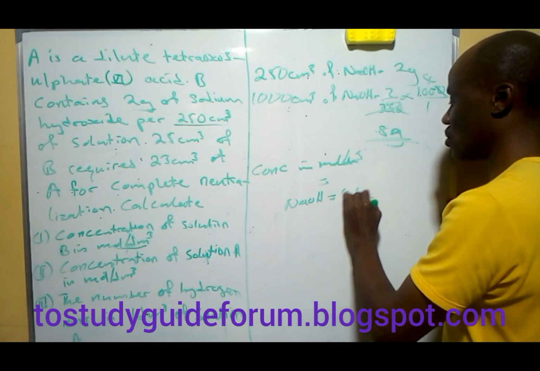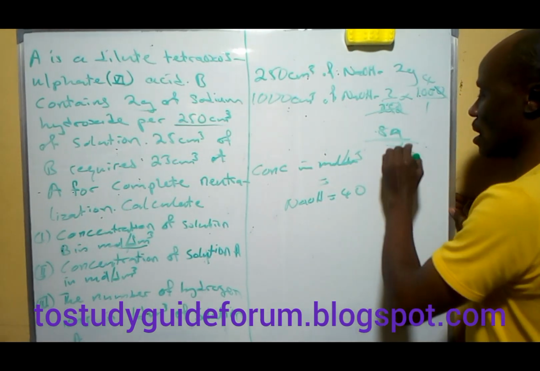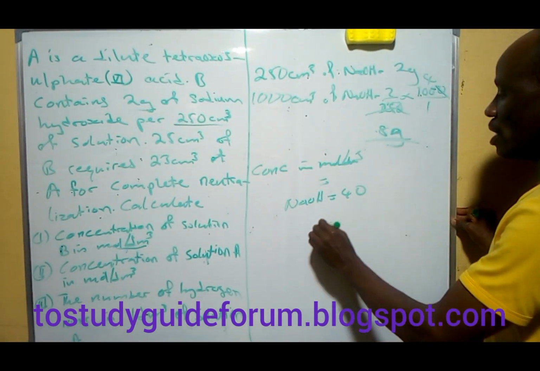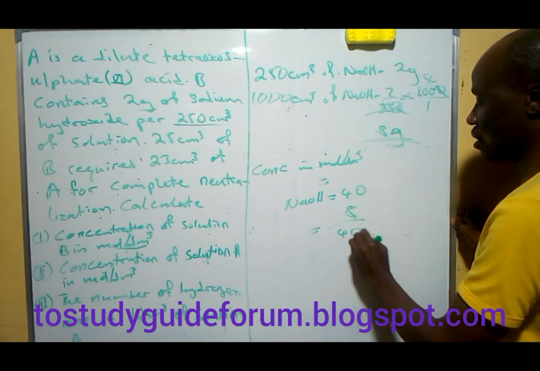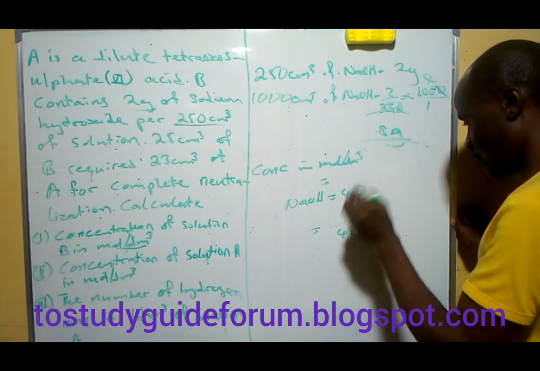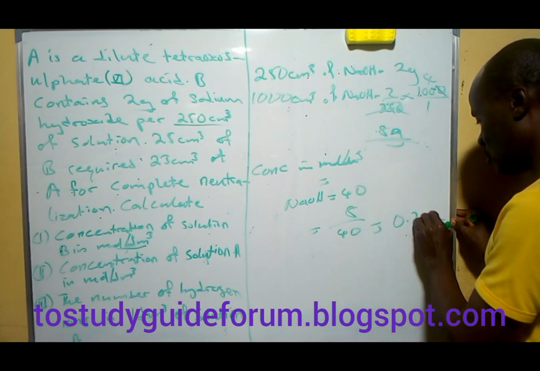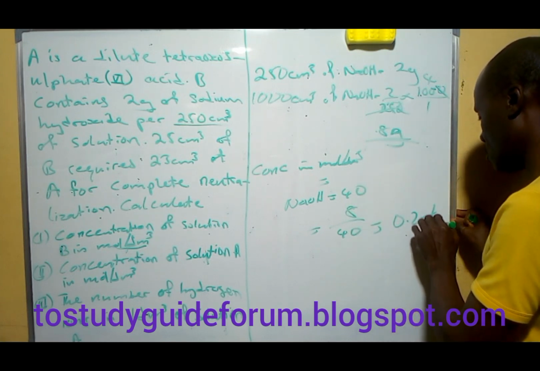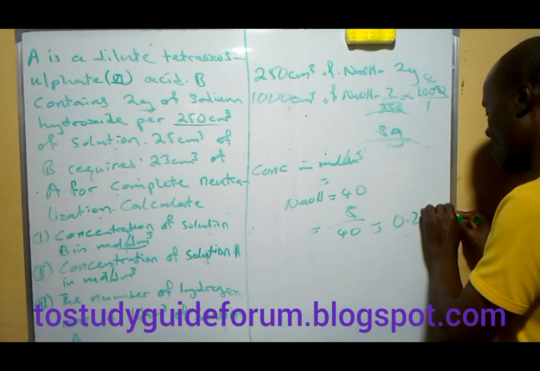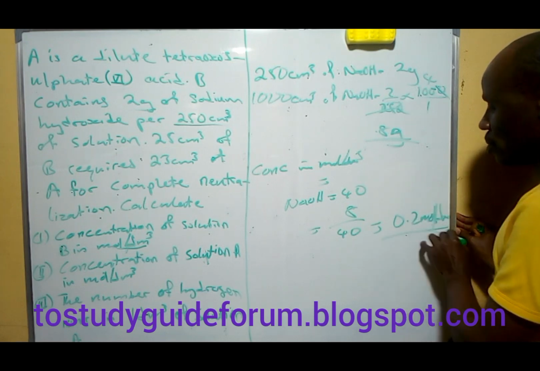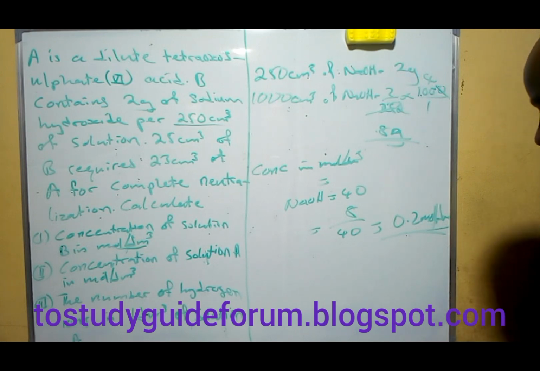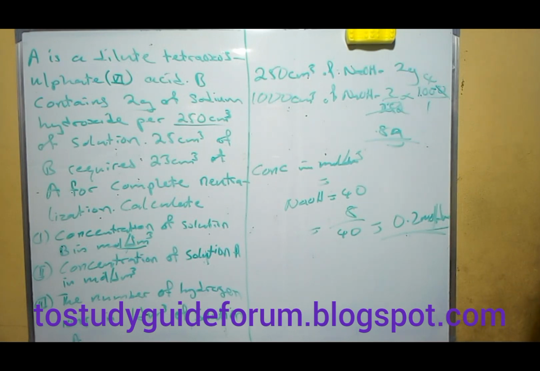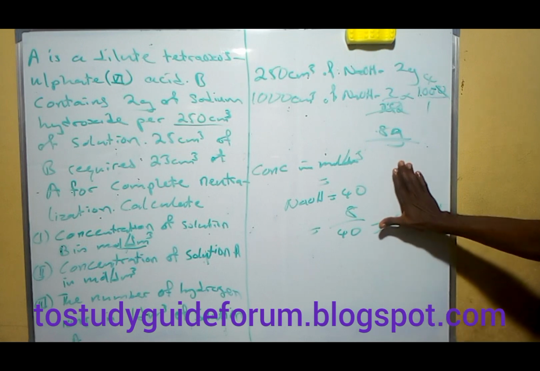So 8 grams over 40 will give us 0.2 mole per dm cube. That is what we have as the molar concentration of sodium hydroxide in mole per dm cube.